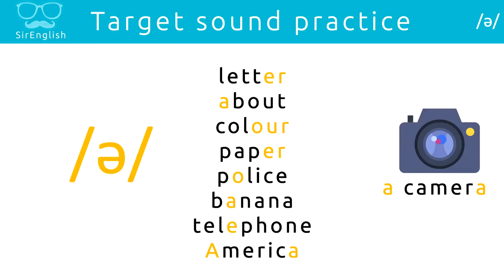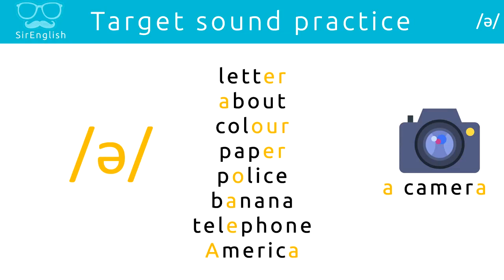So let's look at the word list, and it will become much, much clearer for you to grasp. As you can see, we have the target sound practice word list, and I've highlighted all the areas where this sound appears.